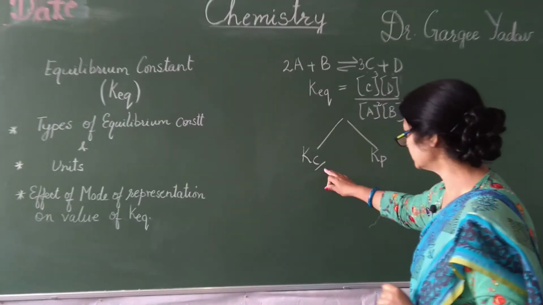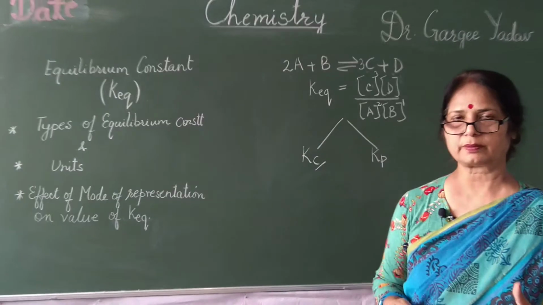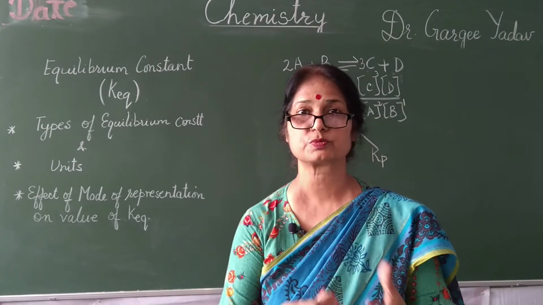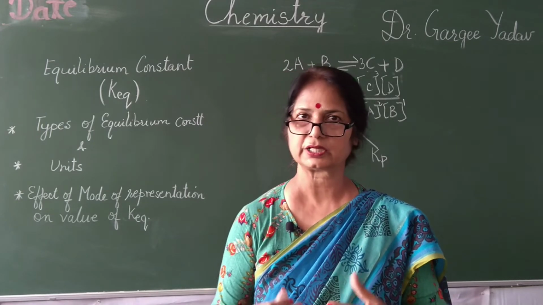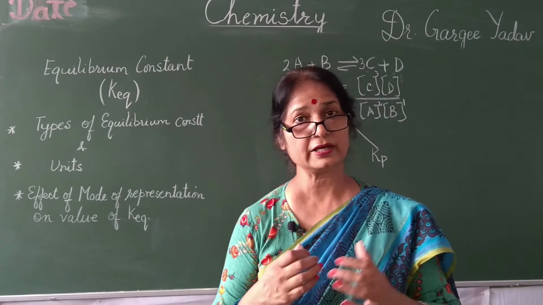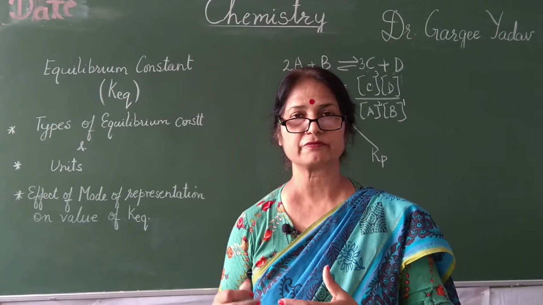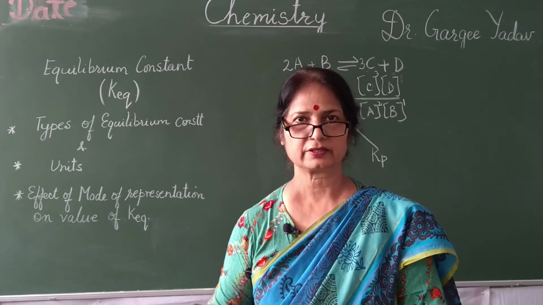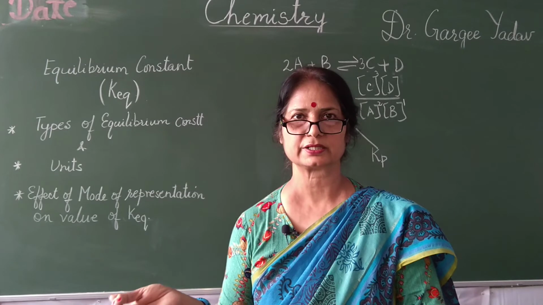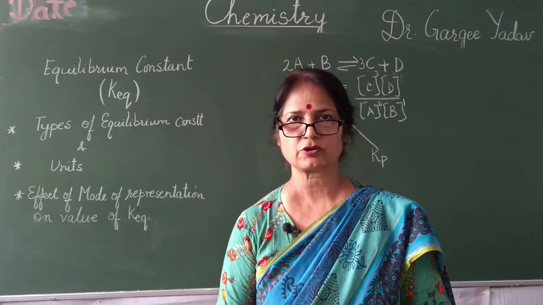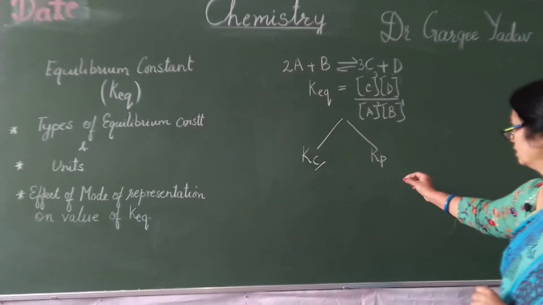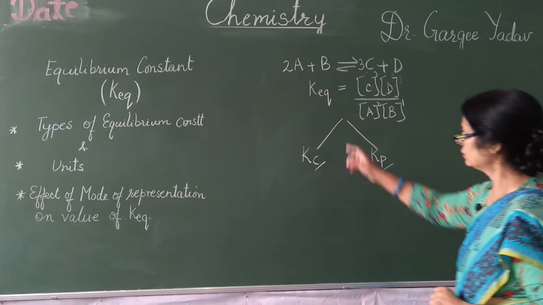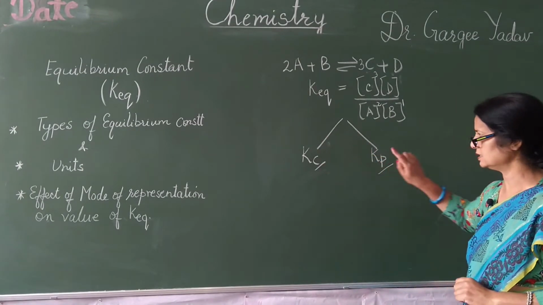C represents concentration, meaning moles per liter, molarity. Whenever we are talking about the concentration, we take Kc into consideration, and whenever we are talking in terms of partial pressures, as we take for the gaseous reactants and the products, we take Kp into consideration. So there are two types of equilibrium constants, Kc and Kp.